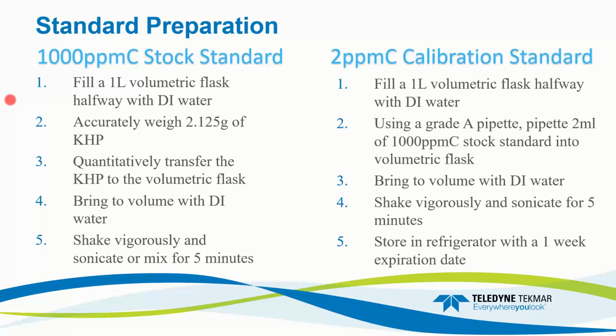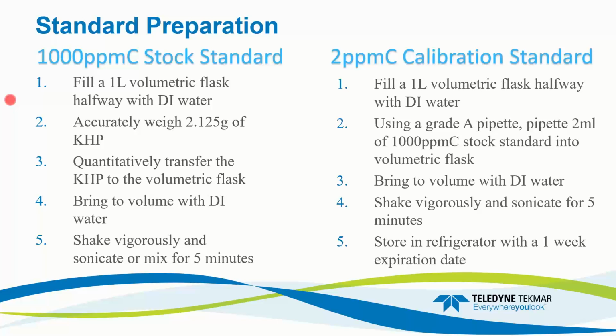So we started off with basic standard preparation, a 1,000 ppm stock standard. From there, we made a 2 ppm calibration standard, and then we put it into the system. The system basically did the calibration for us via auto dilution, and then it also will run our check standards for us.